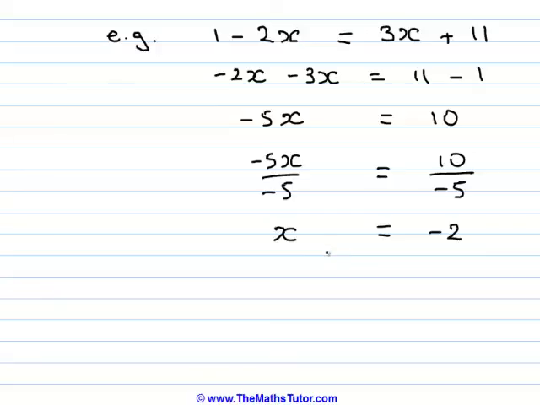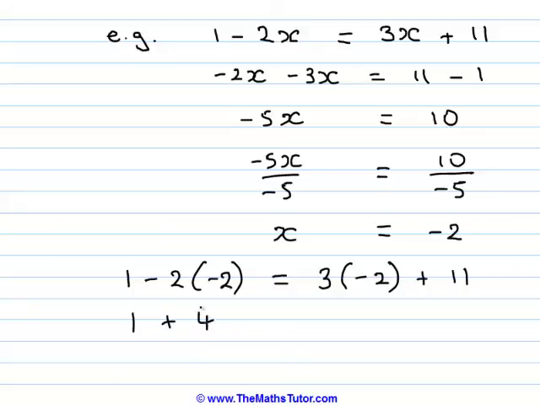Let's check that. We substitute minus 2 into our original equation. 1 minus 2 times minus 2 equals 3 times minus 2 plus 11. So this becomes 1 minus 2 by minus 2 is plus 4.